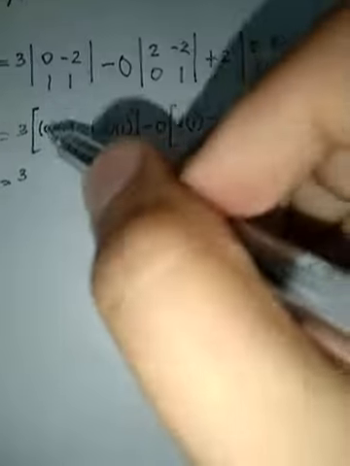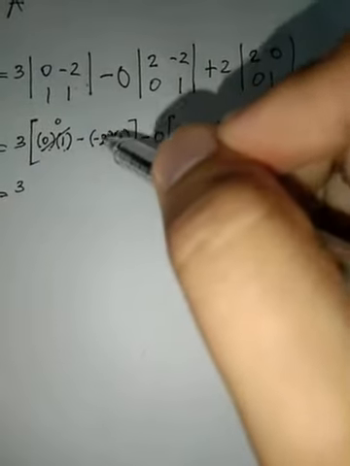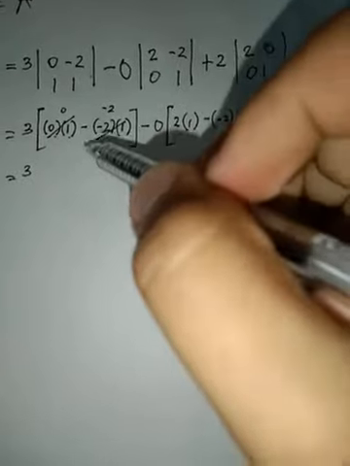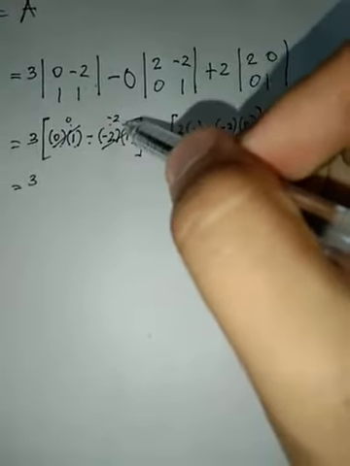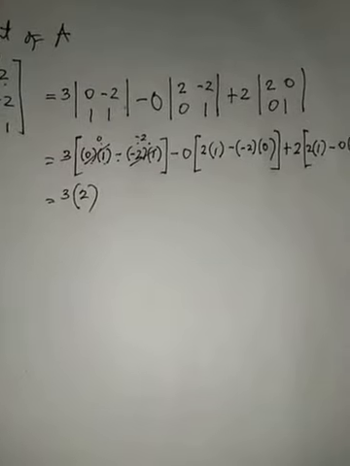Then, simplify. Okay, simplify natin, no? So, 0 times 1. So, 0 man siya, no? Then, this one is negative 2 times 1. It's negative 2. Okay. So, 0 minus negative 2. So, the result is positive 2. Tama? So, it is a positive 2.